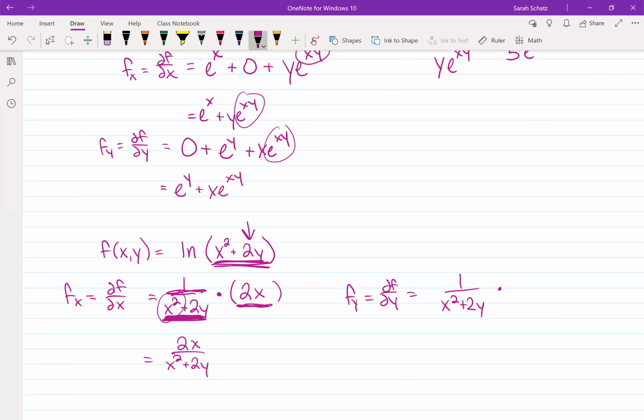With respect to y, the derivative of this, well, the x squared is going to go away because it doesn't have a y in it. All I'm going to be left with is a 2. So with respect to y, I'm looking at 2 over x squared plus 2y. So similar, but not the same.